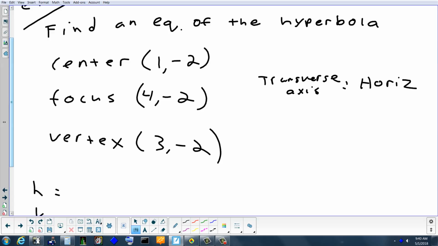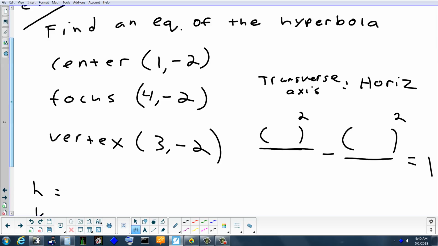So that's enough information that I can start to set up my equation. I'm going to have something squared minus something squared equals 1. And since the transverse axis is horizontal, what letter do I want to be positive? Negative?